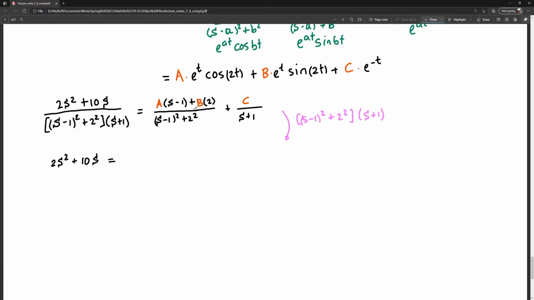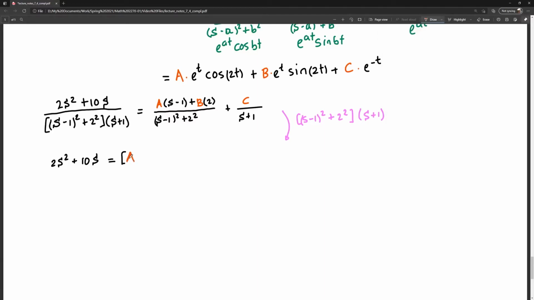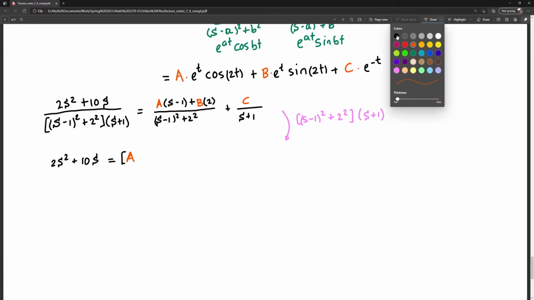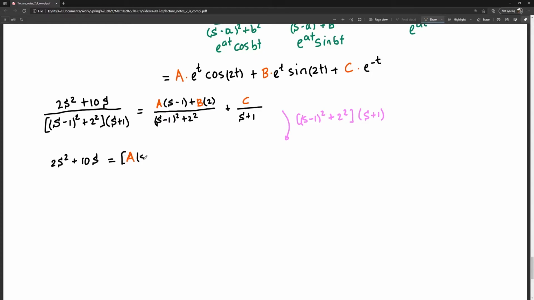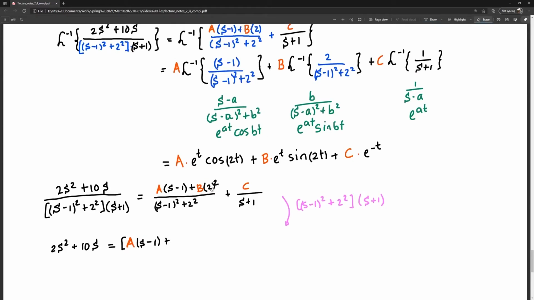And that equals, here for the first term, the s minus 1 squared plus 2 squared cancels. So we have a times s minus 1 plus, oh, and this should be b times, no, that's b squared. That's b.